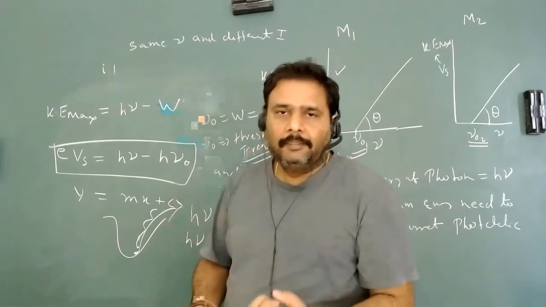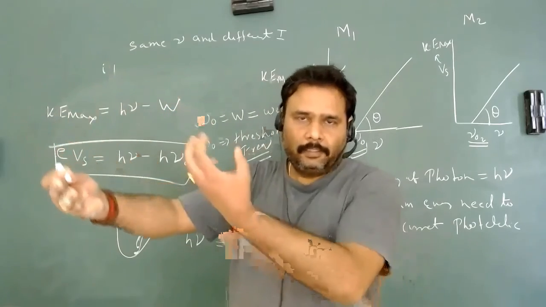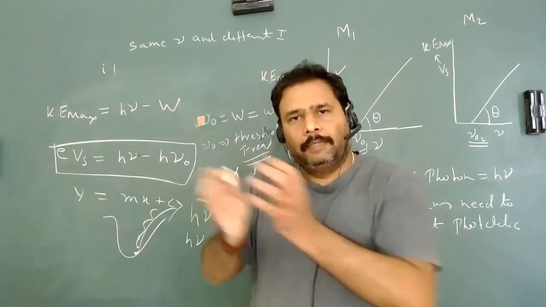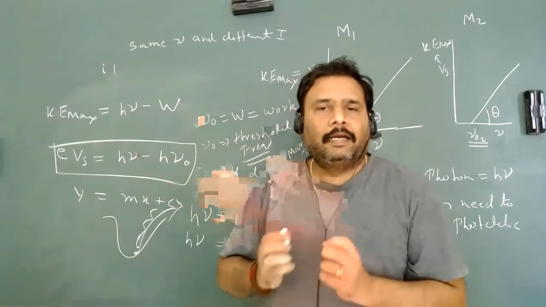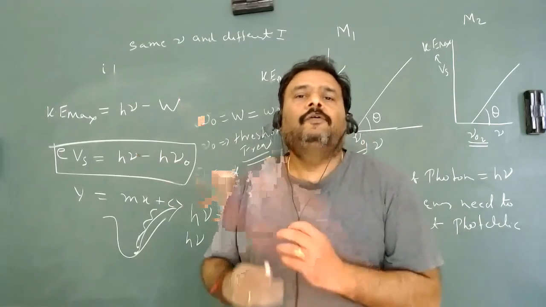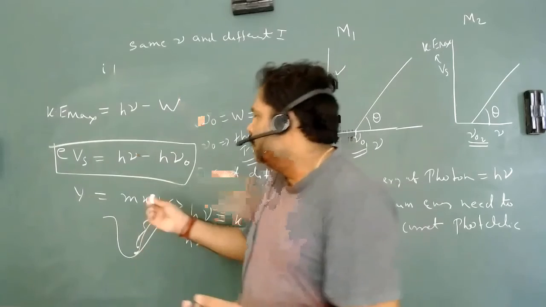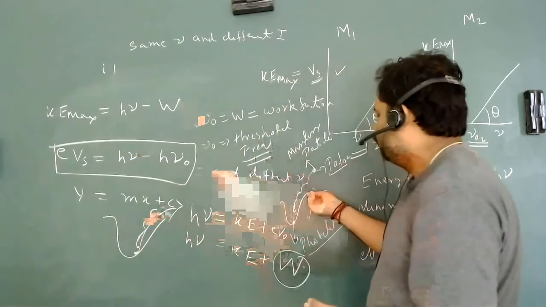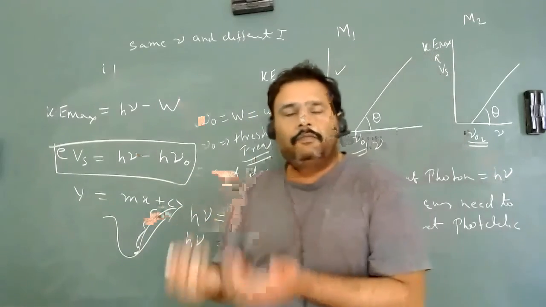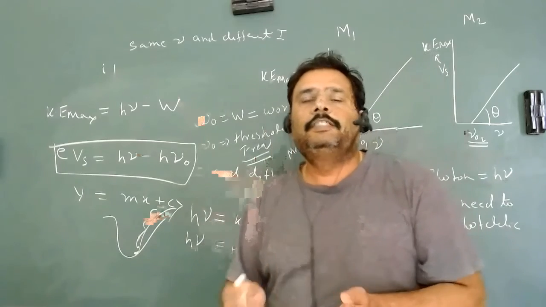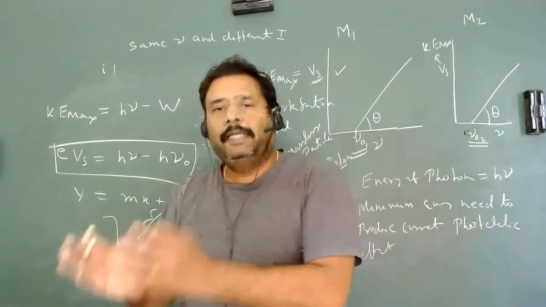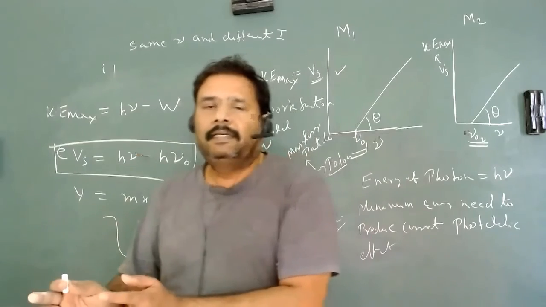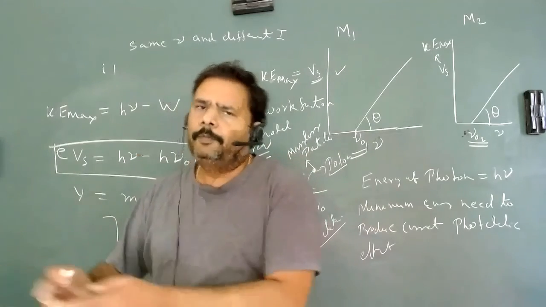Photons, or light, which is a function of energy, come to the electron, the electron absorbs all this energy, and after absorbing it, it does some work to overcome the potential. After overcoming this potential, the whole energy is converted into kinetic energy, and this kinetic energy can be stopped experimentally by the stopping potential.